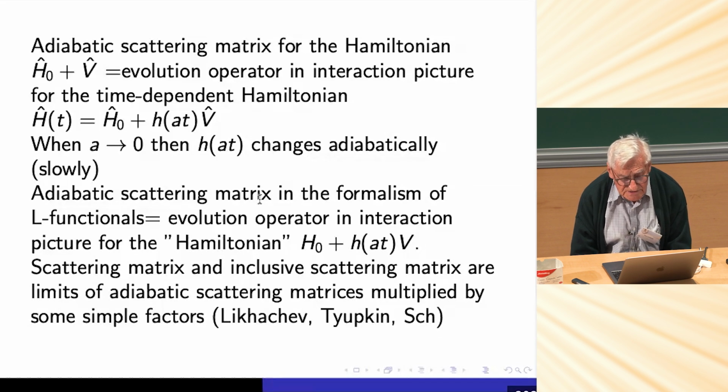Then you consider this evolution operator in the interaction picture. This is called the adiabatic scattering matrix. You can do this either in the standard formalism or in the formalism of L functionals.